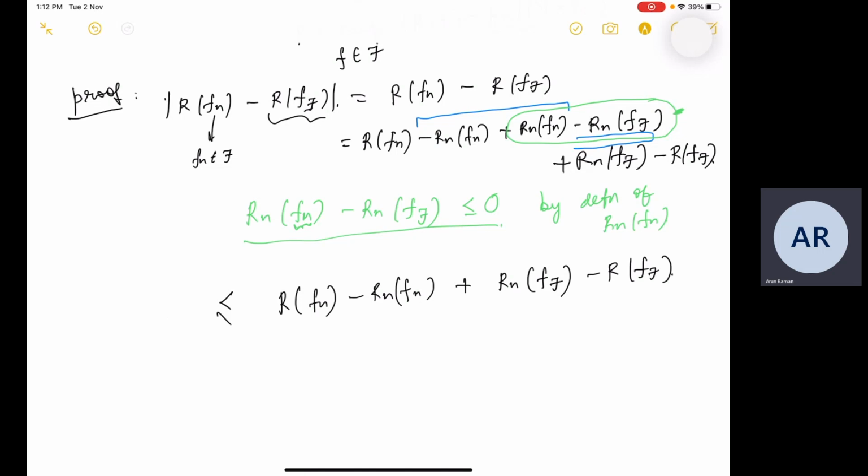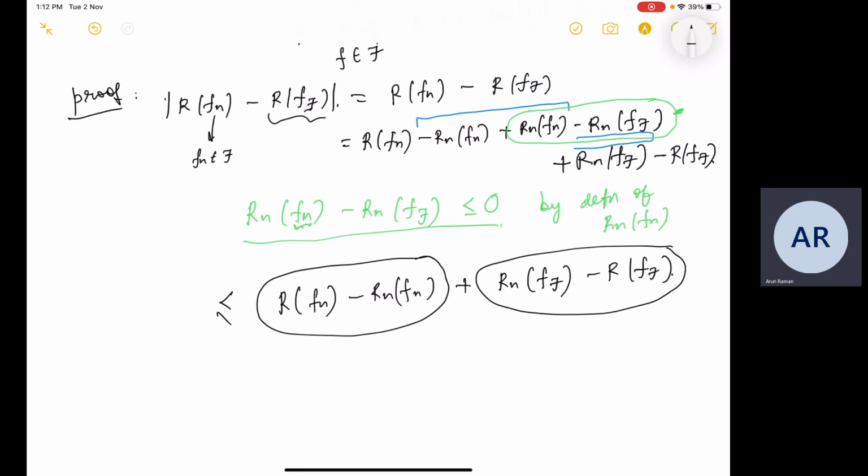So we have two terms here. This is the difference between the true error and the empirical error for fn, and the second term is the difference between the true error and empirical error of f script F.